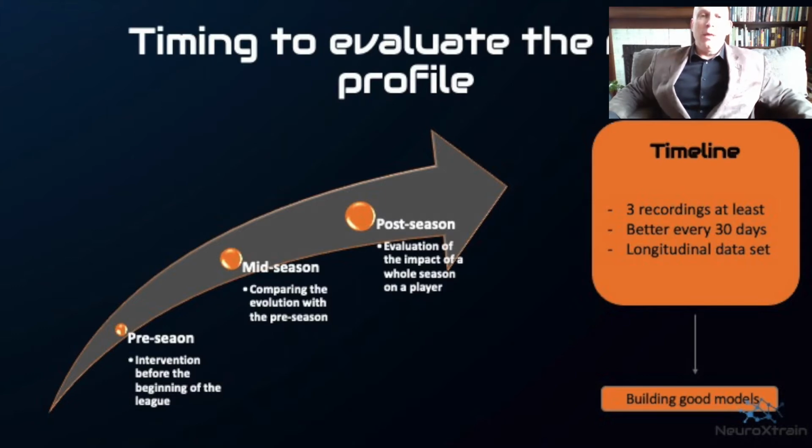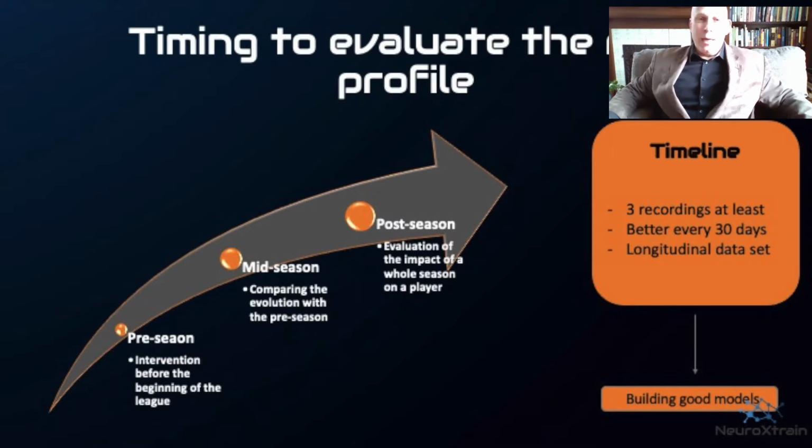So you want that early preseason measurement to start your risk profile, but then you also want to inform your risk profile by building longitudinal data sets. So I would say during a season, you want 3 recordings at least.